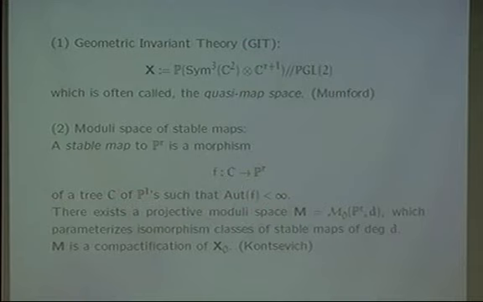Then this is called a stable map. And Kontsevich claimed, although he didn't prove, that there is a projective moduli space which parameterizes all possible isomorphism classes of stable maps of degree d. Of course, this gives us a compactification of the space of smooth rational curves.